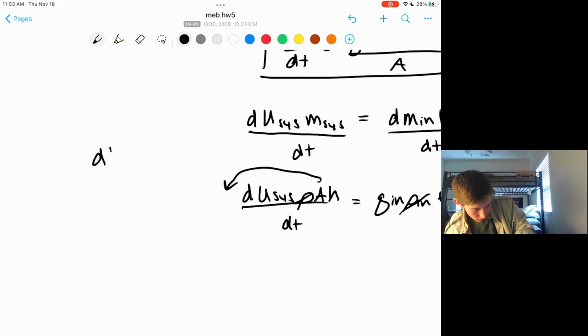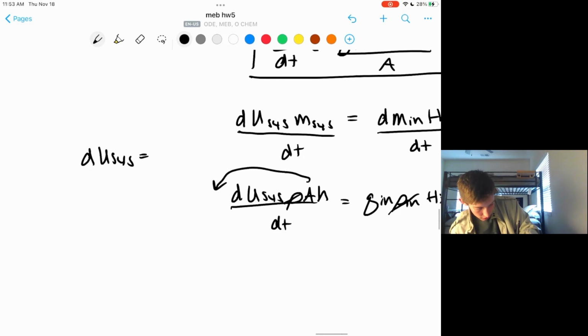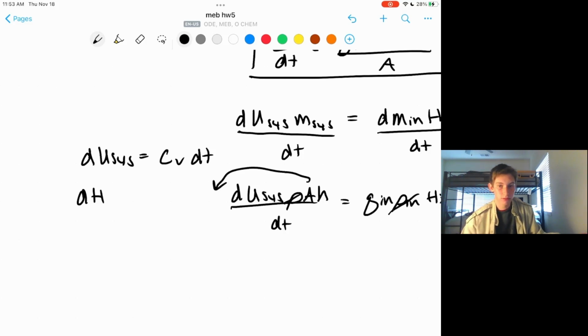So the change in internal energy equals the specific heat at a constant volume dT, and then the differential of enthalpy equals the specific heat at a constant pressure dT, where these are capital T for temperature.